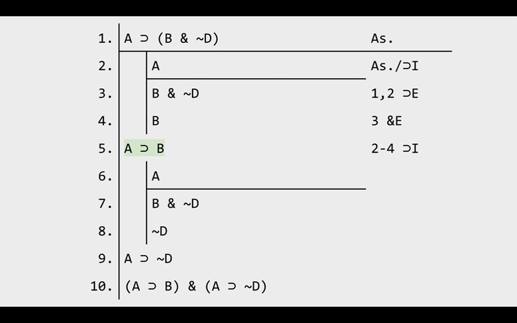Okay, with that first one out of the way, this one should be a little bit clearer. Moving on to line 6, what's going on here? Another subderivation. I look at the line immediately after the subderivation to figure out what was going on there. It's a conditional. It must be the case that we are doing conditional introduction.